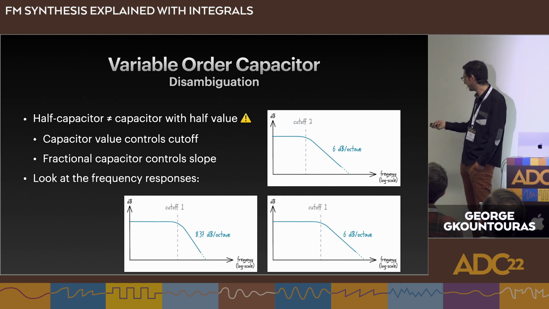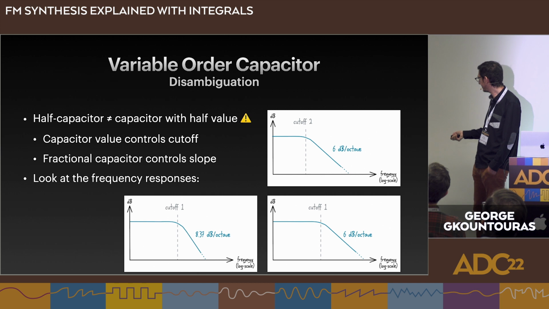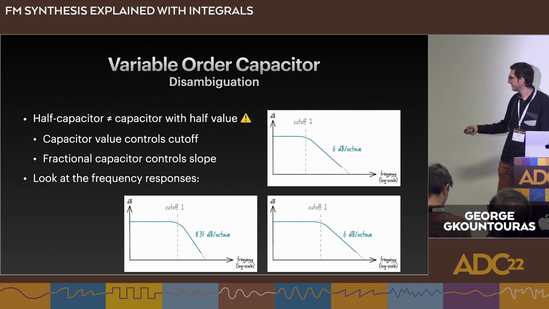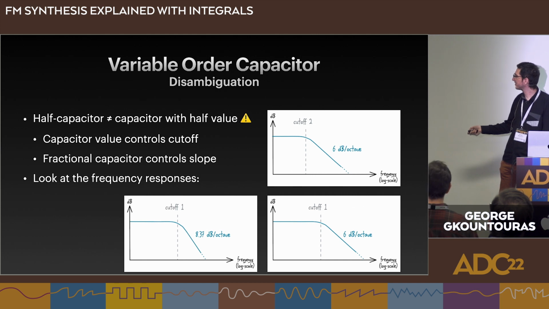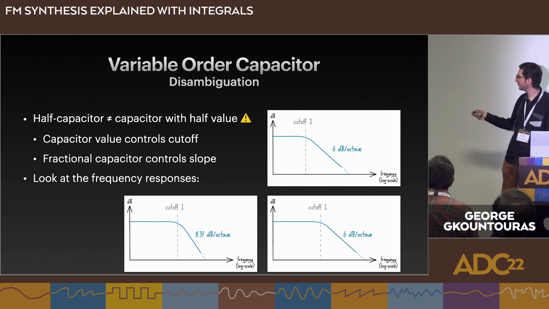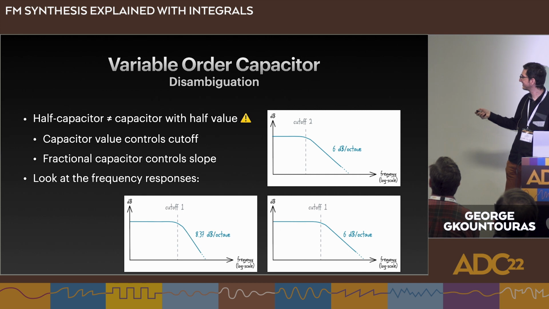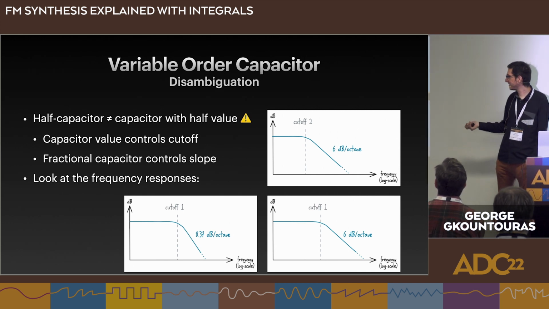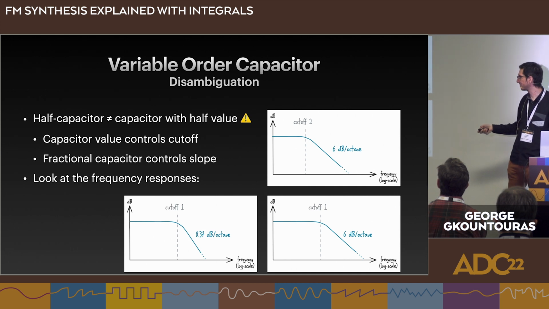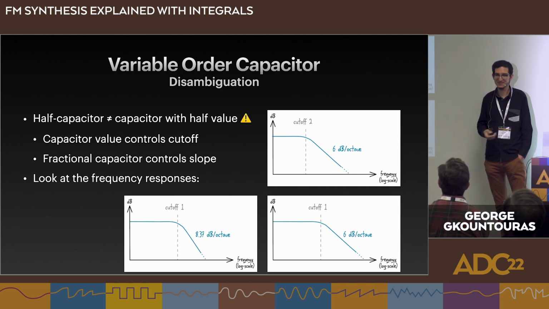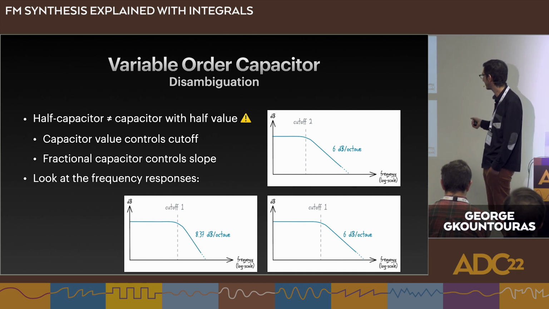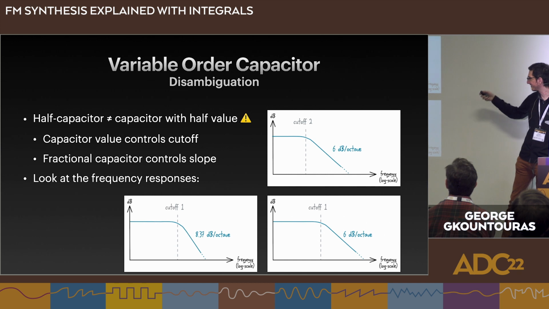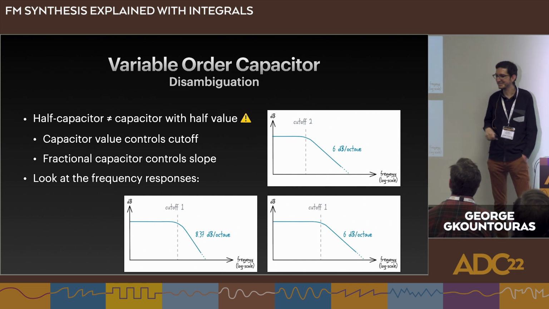So for example, let's say we have this filter here. We can either change the value of the capacitor, go to Mouser, buy a new one, and change the cutoff of our filter, or we can replace it with the fractional capacitor, in which case we get the different behavior. I would like to thank the person that made those sketches, not me.